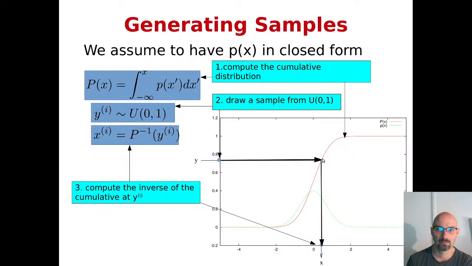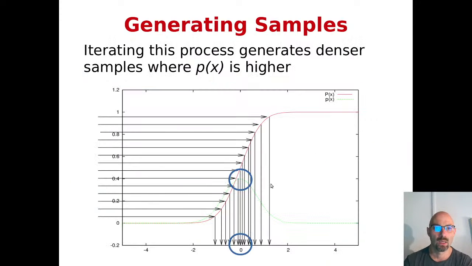Now, you could observe that iterating this process regularly gives me samples which are denser where the slope of the cumulative is higher, and equivalently where the value of the density is higher.